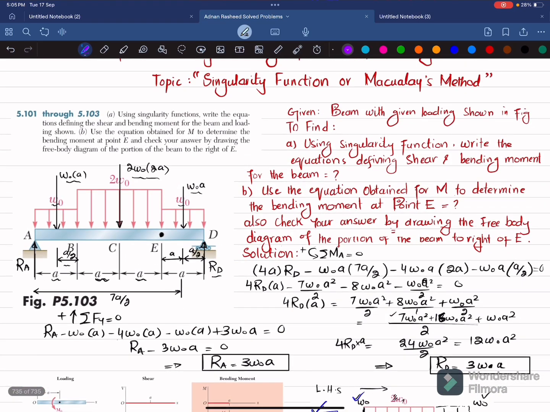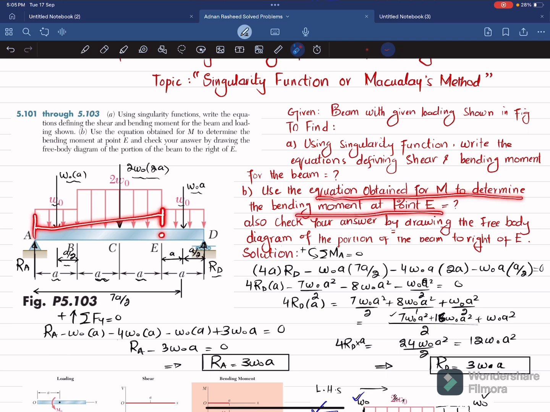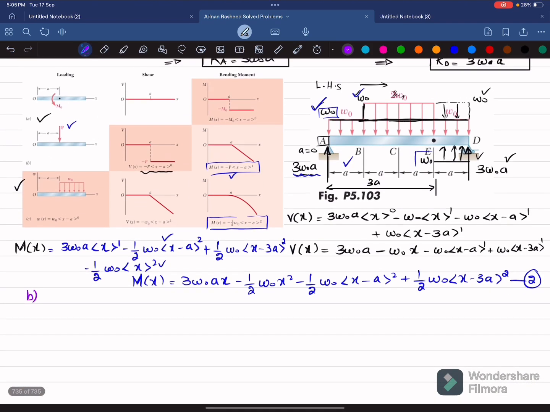So now our next part is to use the equation obtained for M to determine the bending moment at point E. So we have to find the bending moment at point E. E is at a distance of 3a from point A. So we will put x equal to 3a in equation 2.